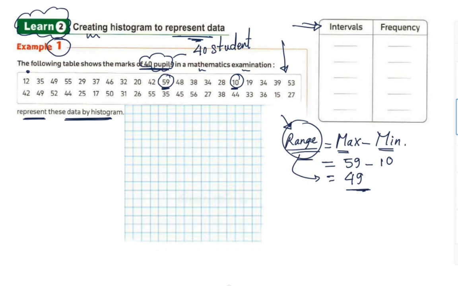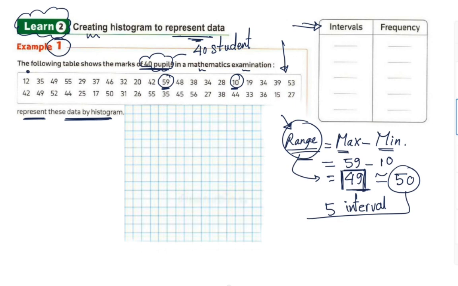This range, from 59, is approximately 50. I will divide this 50 into how many intervals? Like 5 intervals. Yes, I will divide or distribute these 40 pupils' degrees into 5 intervals.